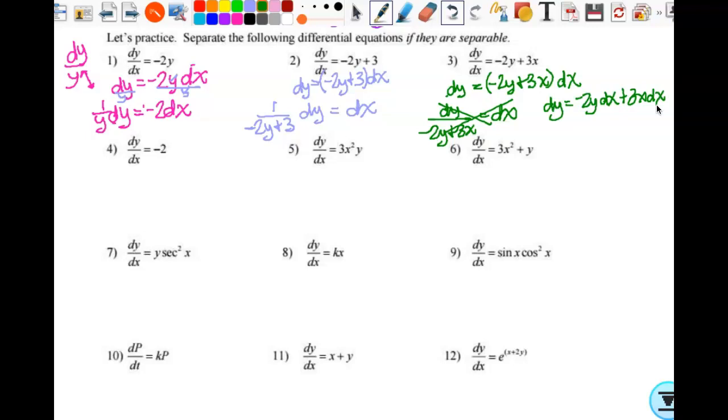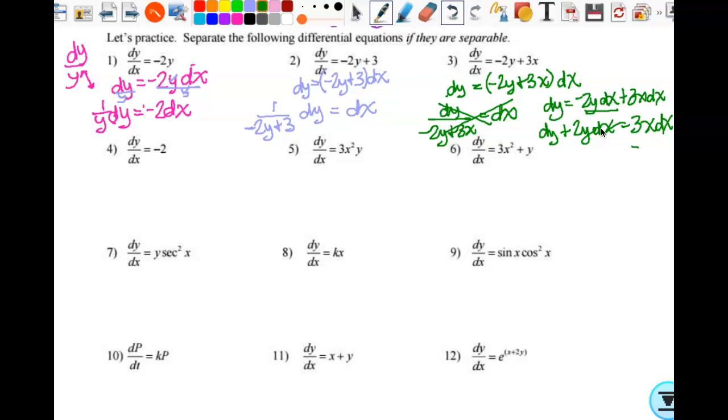So then the only way for me to move this term is to add it, right? So then I would get dy plus 2y dx equals 3x dx. Now, I can't factor out a d. That doesn't work, right?